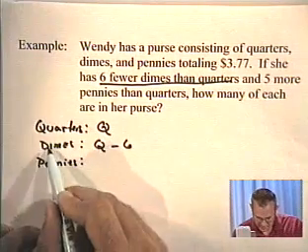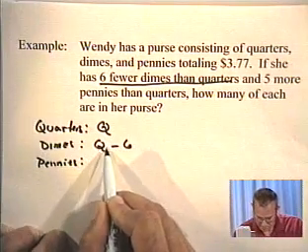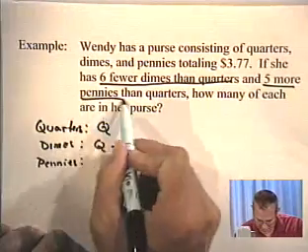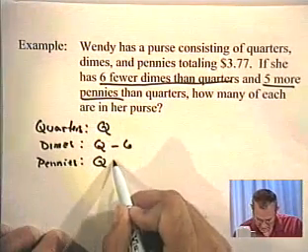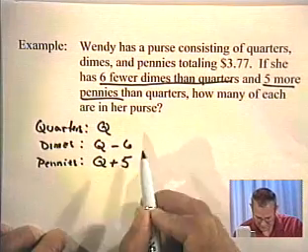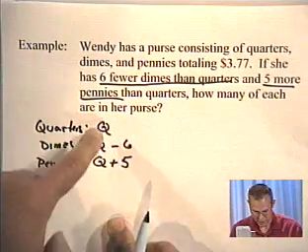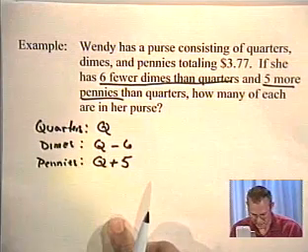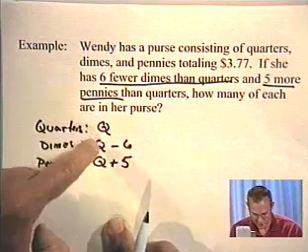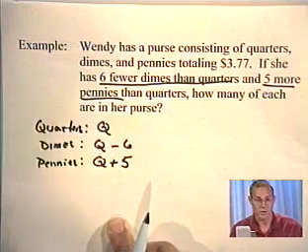So the number of dimes is going to be Q minus 6, and the number of pennies is Q plus 5. So we've got Q quarters, Q minus 6 dimes, and Q plus 5 pennies describing each component of our problem.